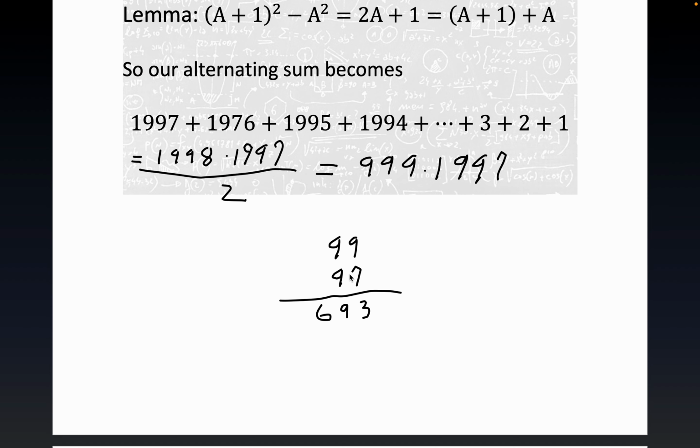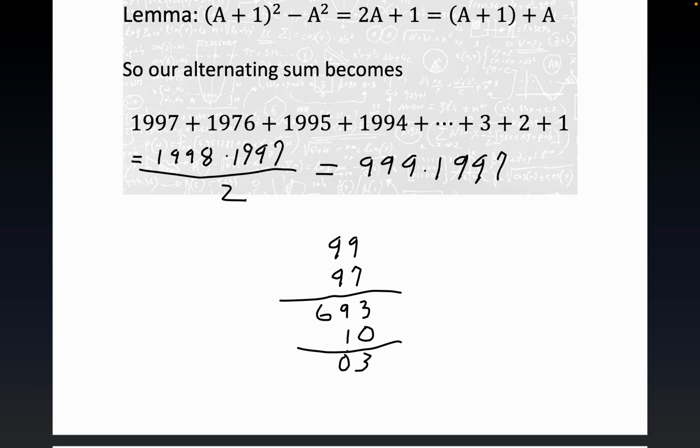And then when you do 9 times 99, you place a 0 right here, of course. And then you get 9 times 9 is 81, so you have a 1 and a carry, but you don't even have to worry about this, because you just add these up. So you would get 3, and then 9 plus 1 is 10. So that's it. The last two digits would be 03.